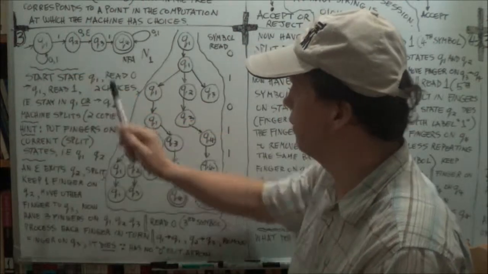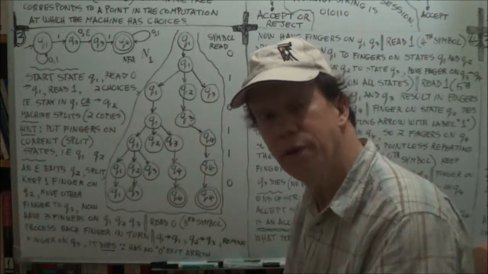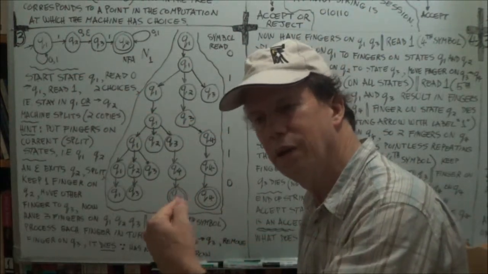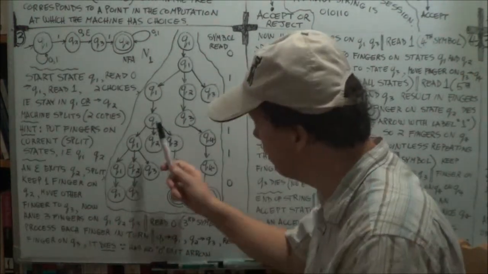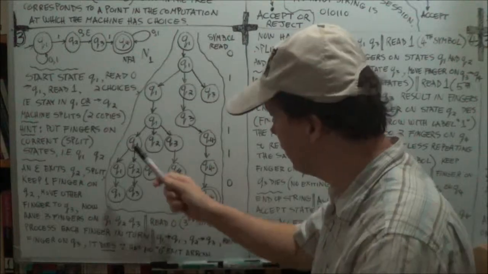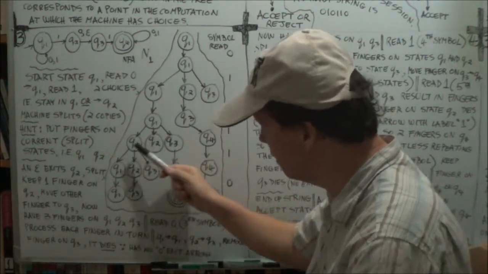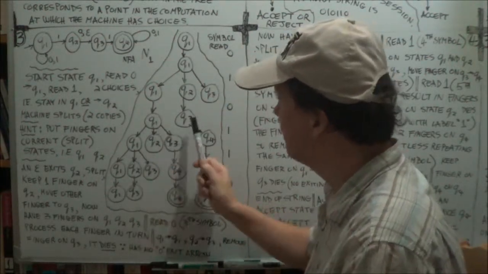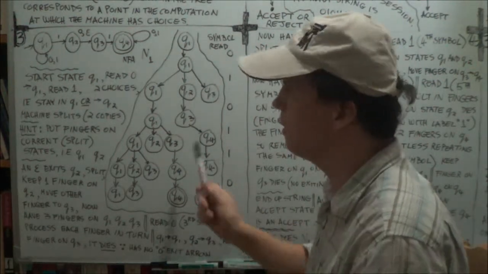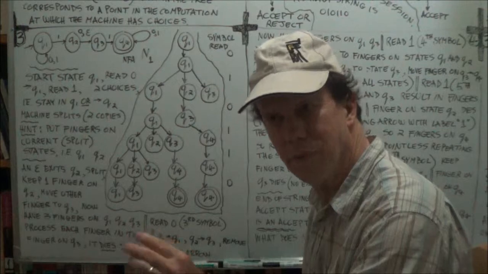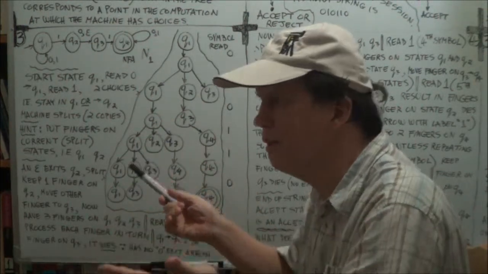This one's fingered and that one's fingered. And as usual, you process each one sequentially, step by step. So we'll process Q1, generate its offspring in a sense, and then we'll process Q3, because they're the two that are fingered or pinned or indicated somehow.